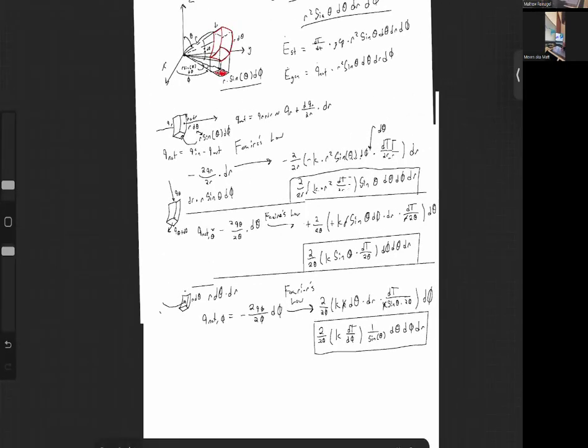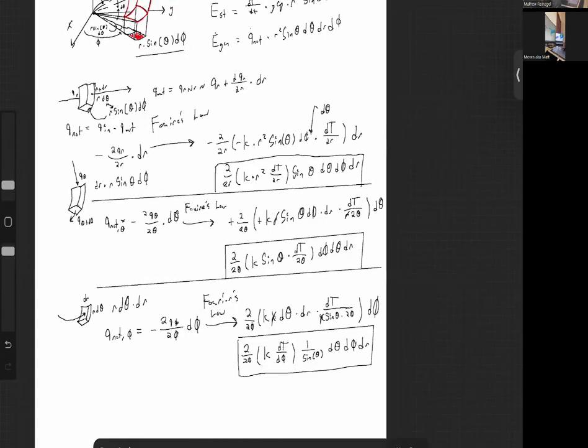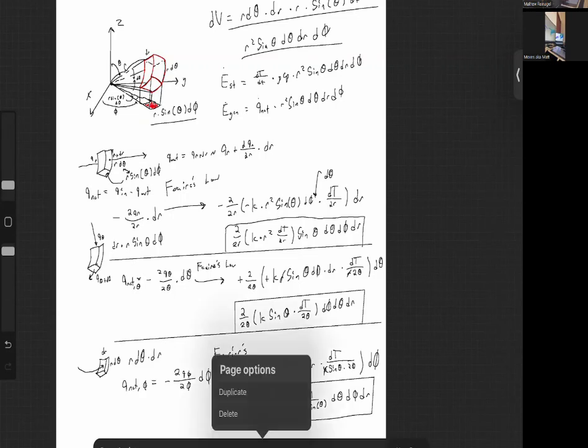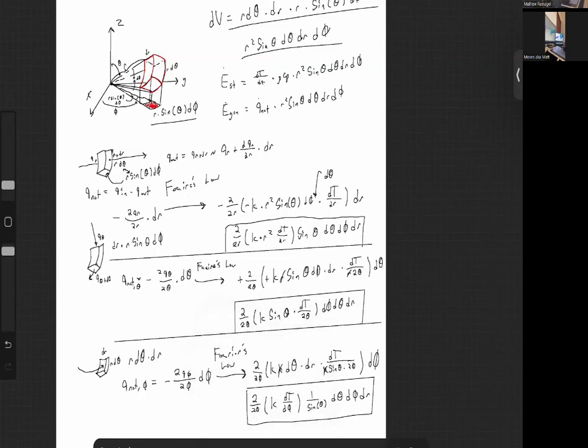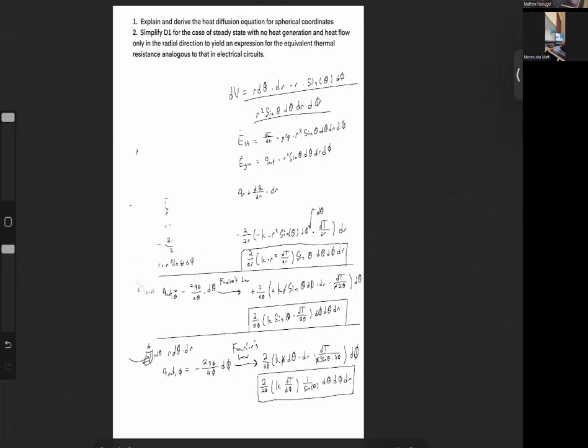That's lazy. I'm going to look at all of them and simplify them in regard to the energy stored and energy generated. So let's duplicate this. I think that's going to be the fastest way. So now I can erase everything and just focus on the equations that we've extracted.